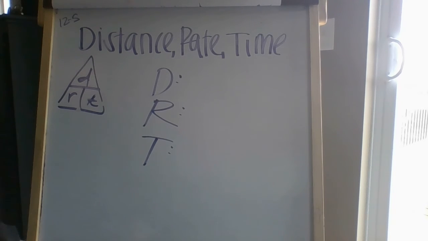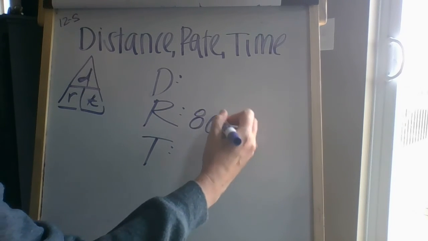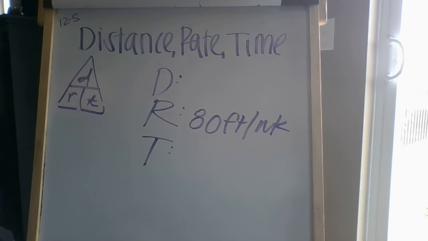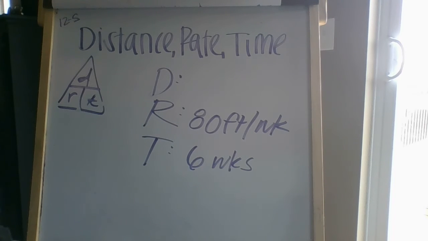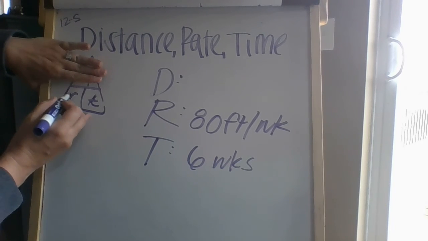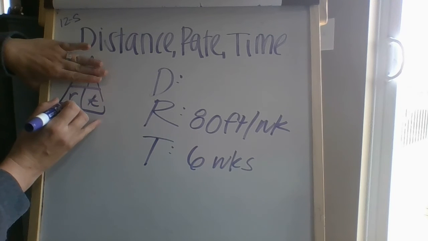So we don't know what the distance is. We know that our rate, our speed here, is 80 feet per week. And our time is 6 weeks. Now, when we're looking at our distance, we're going to be covering that up. That leaves us with our rate and our time. These two are next to each other.